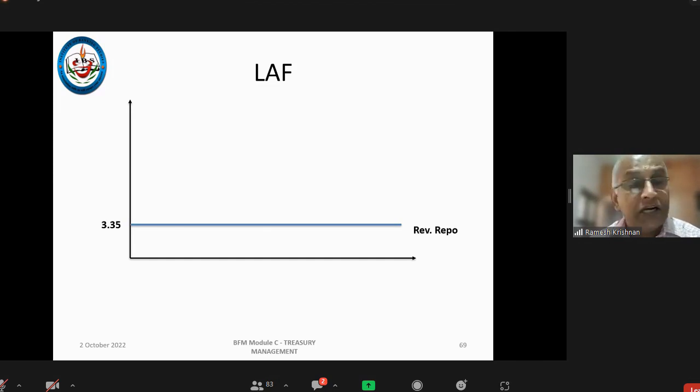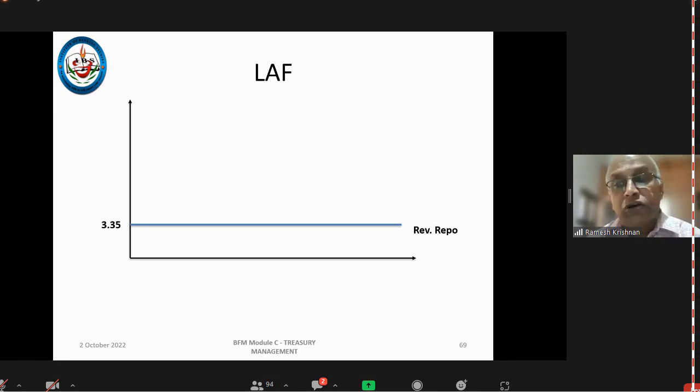But what you should understand is RBI is a willing borrower of money, and therefore does reverse repo. Banks which are surplus with money can park it with RBI at a fixed reverse repo rate of 3.35%, and in turn get government securities into the bank's investment book, which is eligible for SLR. Be very clear on those things.